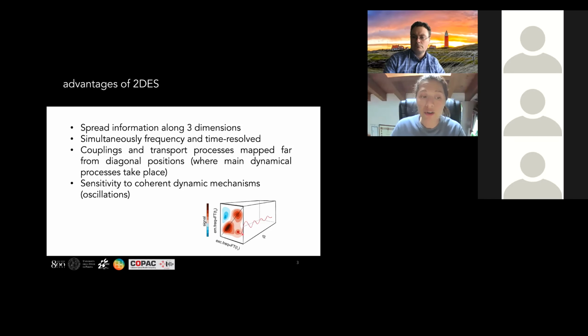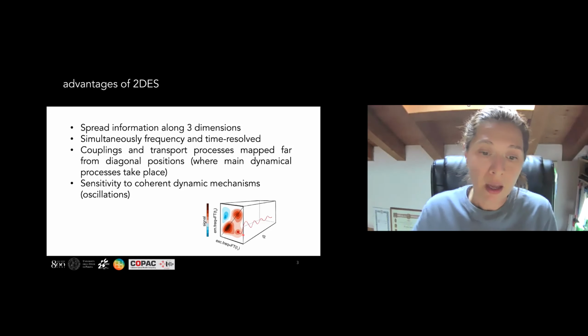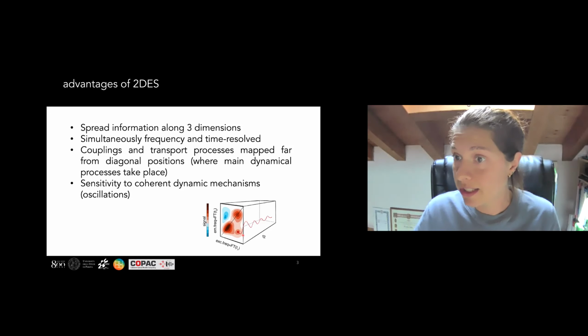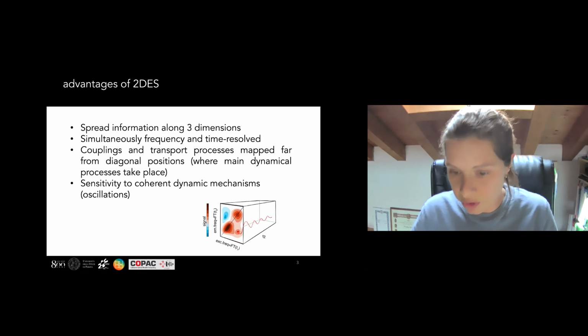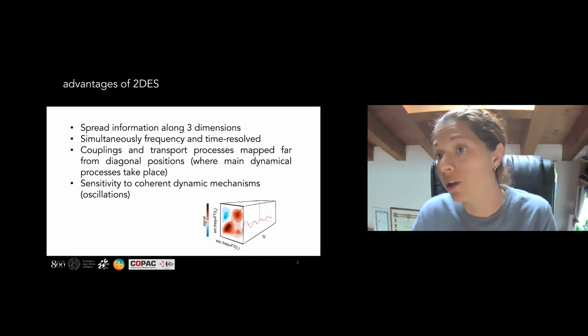The technique is also sensitive to coherent dynamics, that is the time evolution of coherent superpositions of states that we are creating with the specific pulse sequence we use to perform the spectroscopy. This coherent dynamics is manifested as oscillations in the signal amplitude, also called quantum beats, at specific coordinates along this T2.